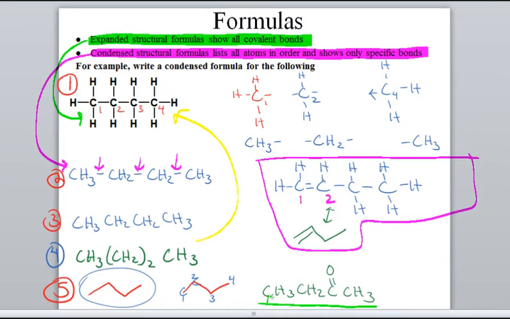If this is 1, 2, 3, 4, on this third carbon, it's now bonded to an oxygen, and it's doubly bonded to an oxygen. So if we're going to draw the structure, there's 1, 2, 3, 4. On that third carbon is an oxygen, and there's a double bond. So putting a double bond and an O there. These are the same 2 structures.